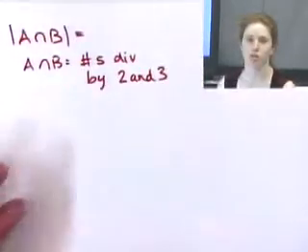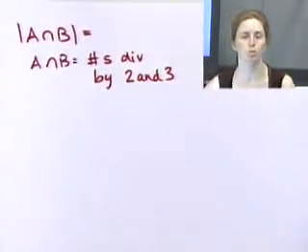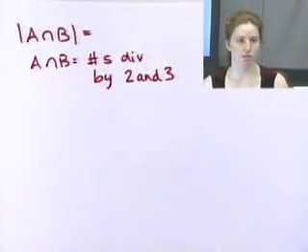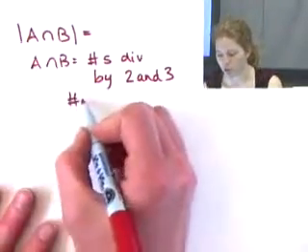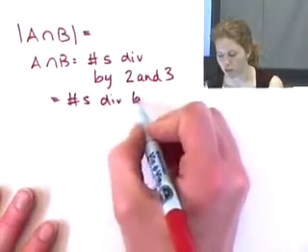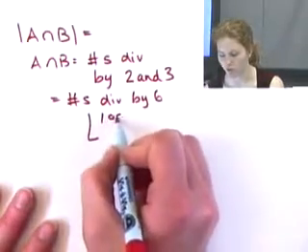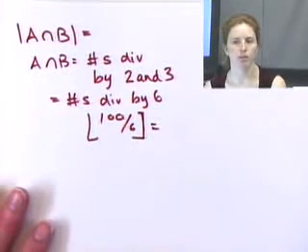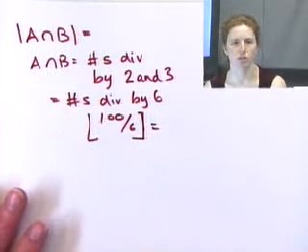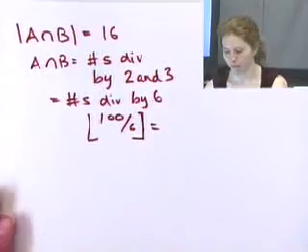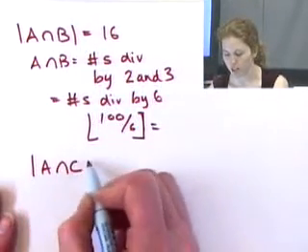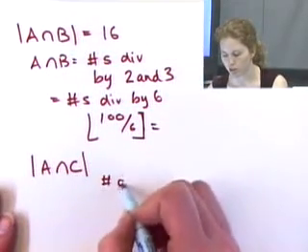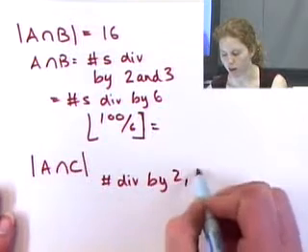So these are numbers divisible by 2 and 3, which is also equal to the numbers divisible by 6. So this is the floor of 100 over 6, right? And that would be 96 over 6, which is 16. So A intersect C is the numbers divisible by 2 and 5, right?